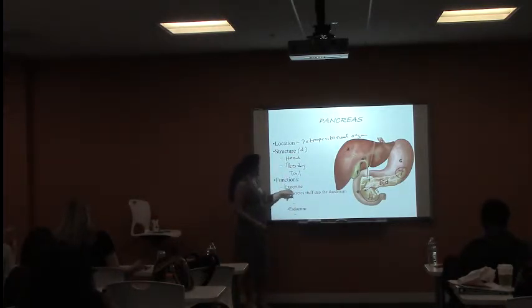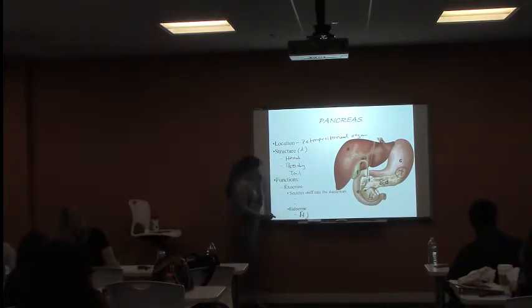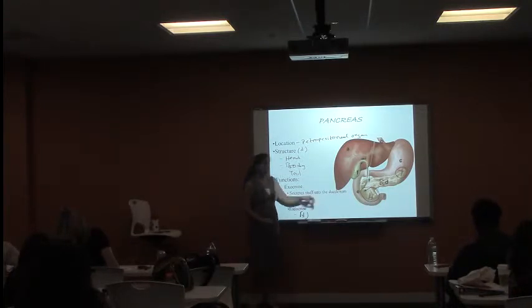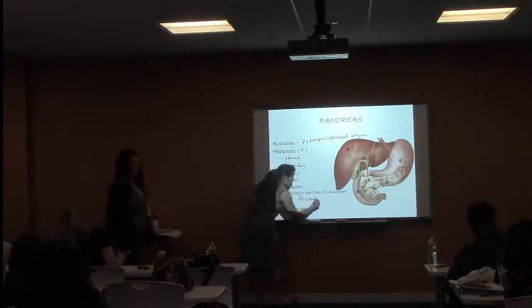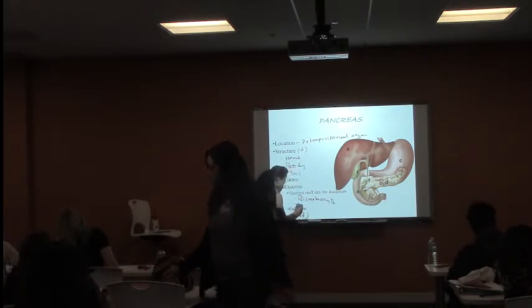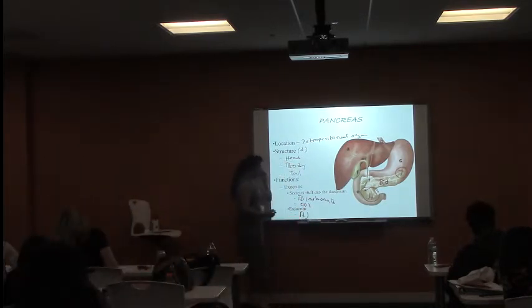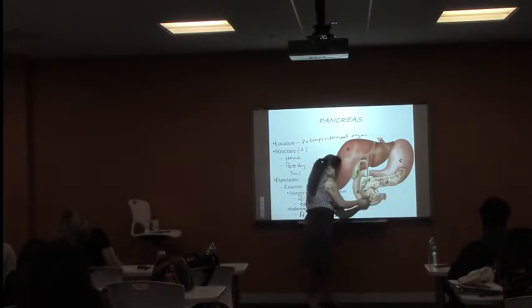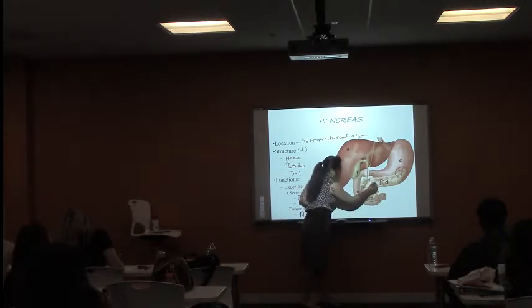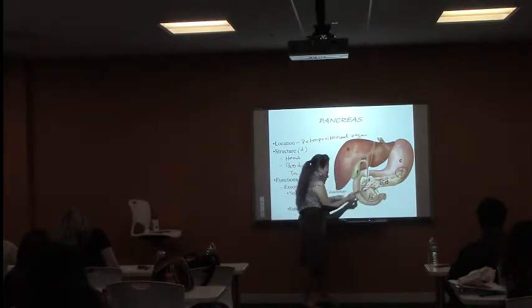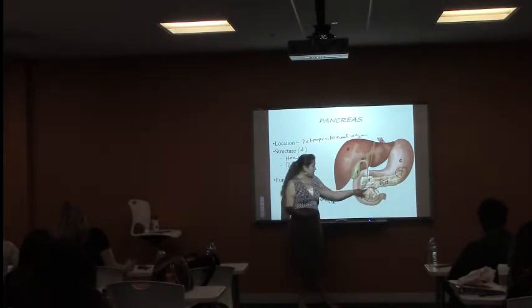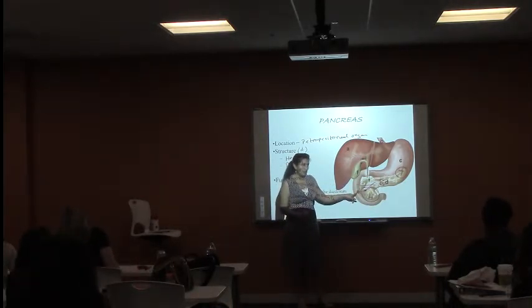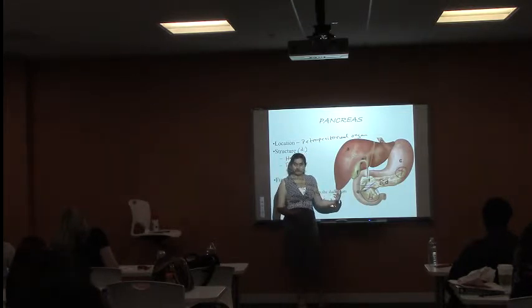Now the function: it has an exocrine part and an endocrine part. The endocrine part, we already talked about, secretes hormones. The exocrine part secretes stuff into the duodenum. It secretes bicarbonate and enzymes into the duodenum. How does it secrete it? It uses these ducts. You see right here? This duct and this duct pierce the duodenum. These are called the major and minor pancreatic ducts.